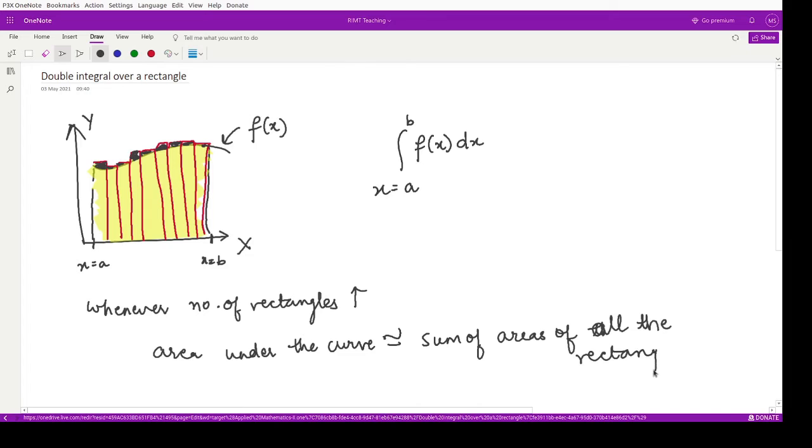So this is the meaning of integration, single integration, right, in one variable.